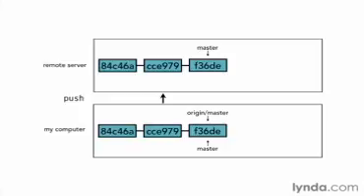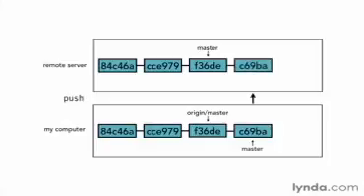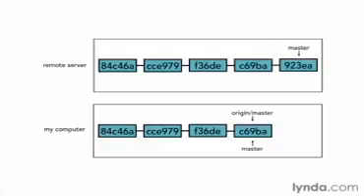It doesn't actually duplicate those three objects. When we then make a new commit, it moves our master pointer to the commit. When we do a push, it creates that new object on the remote server and moves the pointer, and also increments origin master. Then when new changes come into the remote server from someone else, of course it moves the master pointer to point to that latest commit.